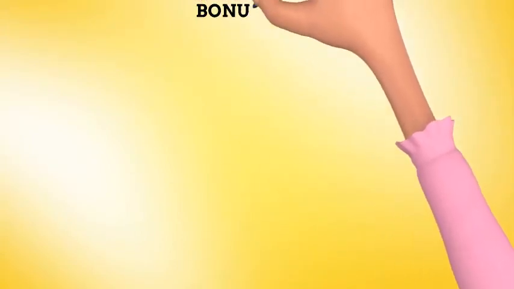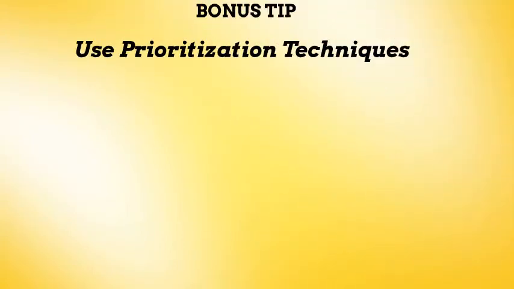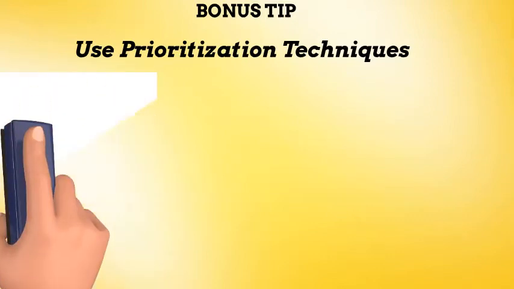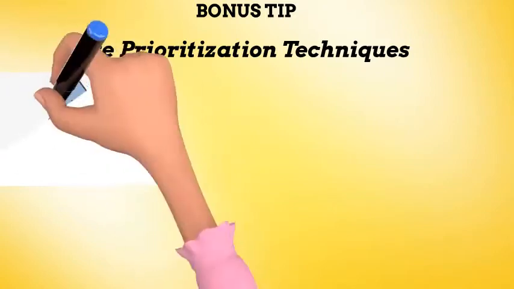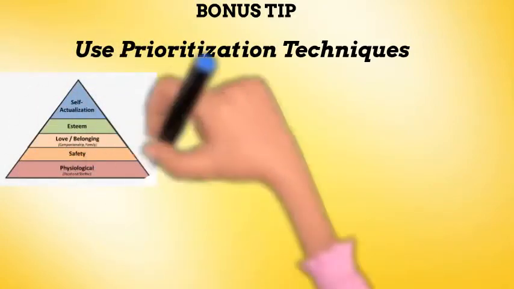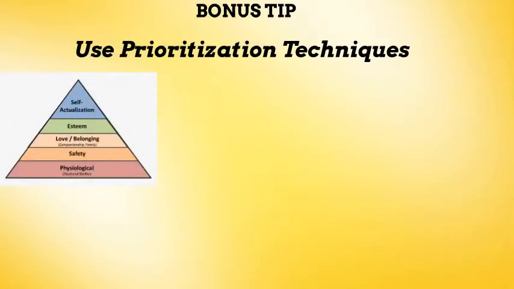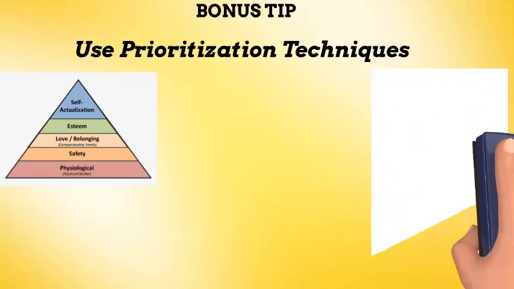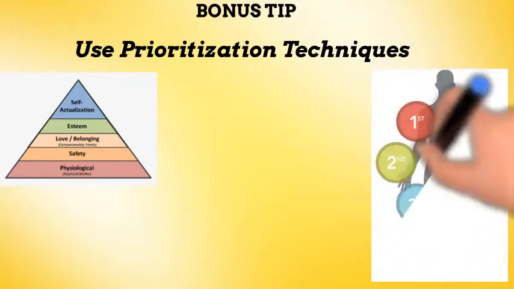Okay, as promised, here's your bonus tip. Use prioritization techniques. This is another tip that has its own episode coming soon, but I can't tell you how many times this one saved me. Prioritization skills are particularly useful with questions that use words like initial, first, and best.